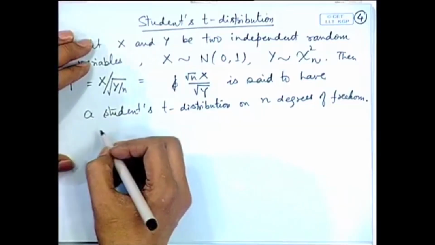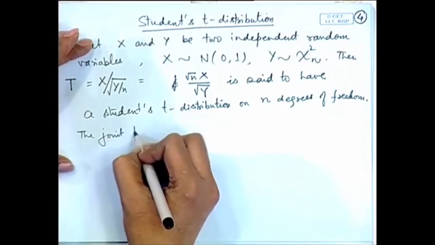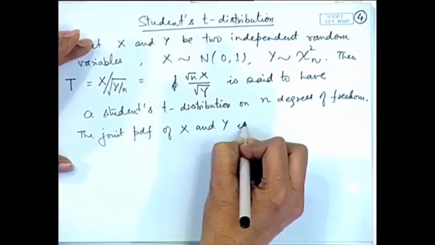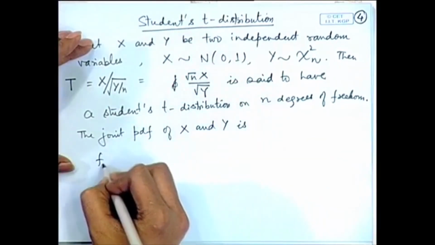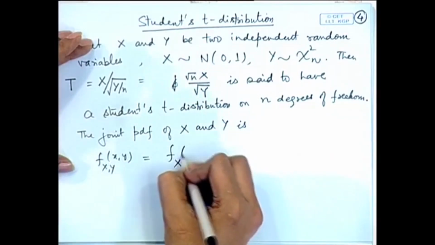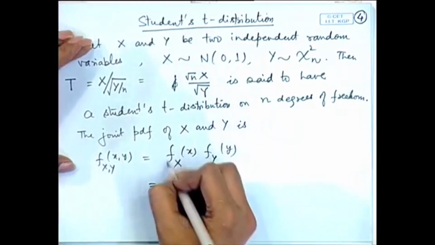So, let us do it in the following way. Firstly, we look at the joint probability density function of X and Y. It is equal to the product of the individual distributions of X and Y. Now, X is normal 0, 1.